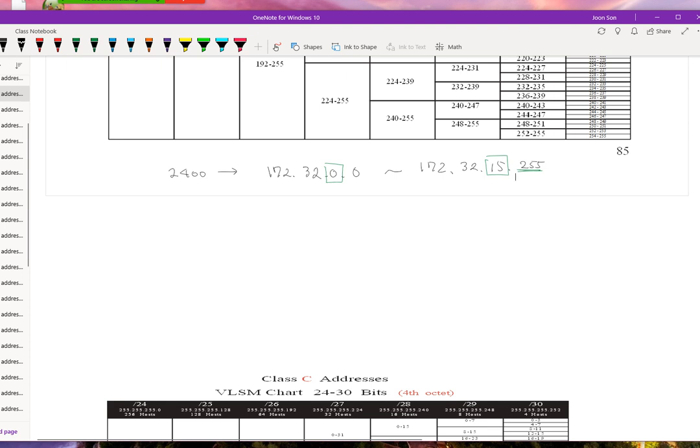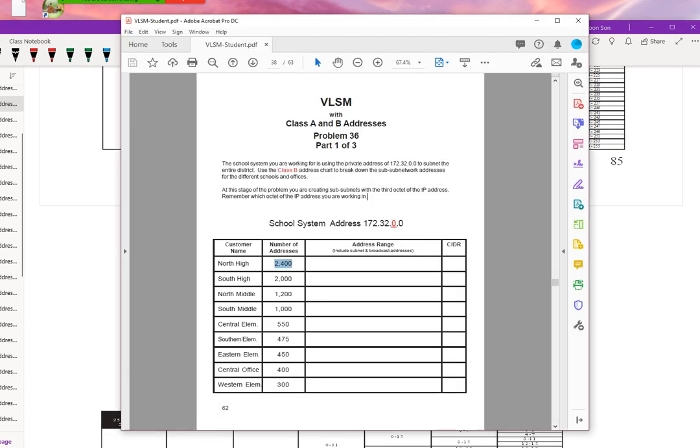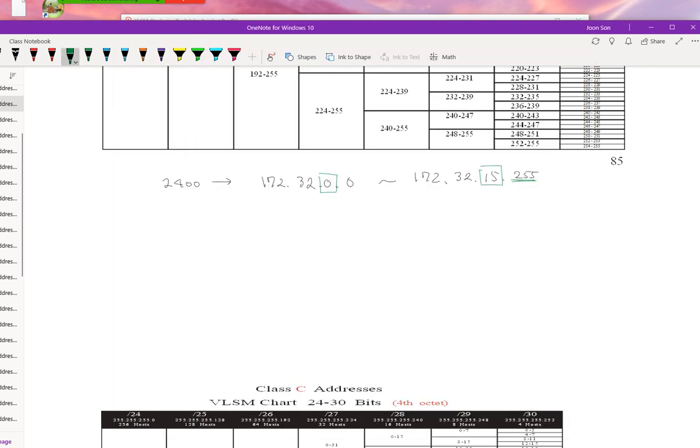Let's take a look at the second requirement, which is 2,000. I think it's always good to write the next one first.